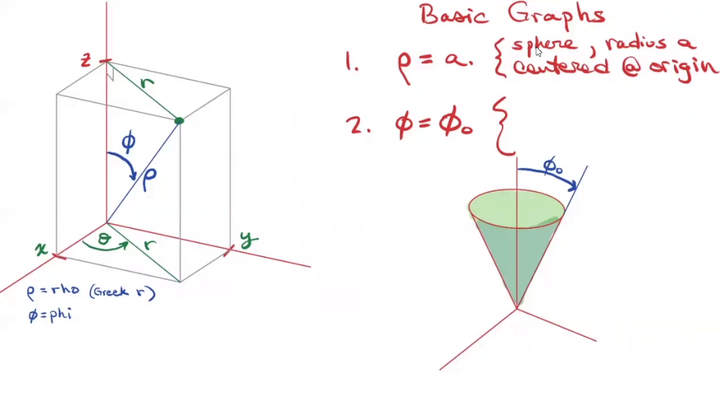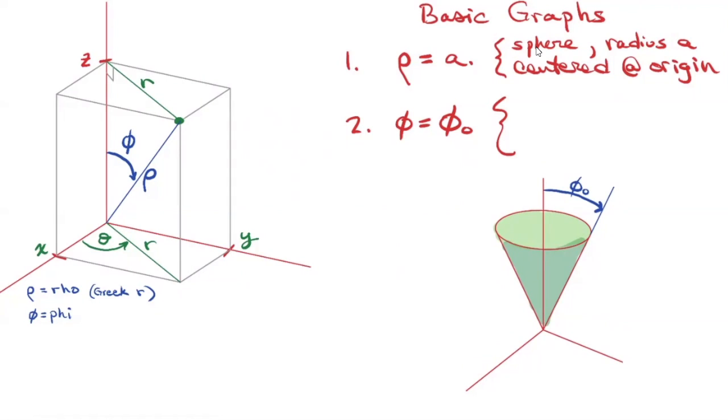And when you measure down from the North Pole, it's sort of like a latitude, like longitude and latitude. Not quite. I mean, technically, latitude's measured up from the equator. Okay, so this is a cone with the tip at the origin.